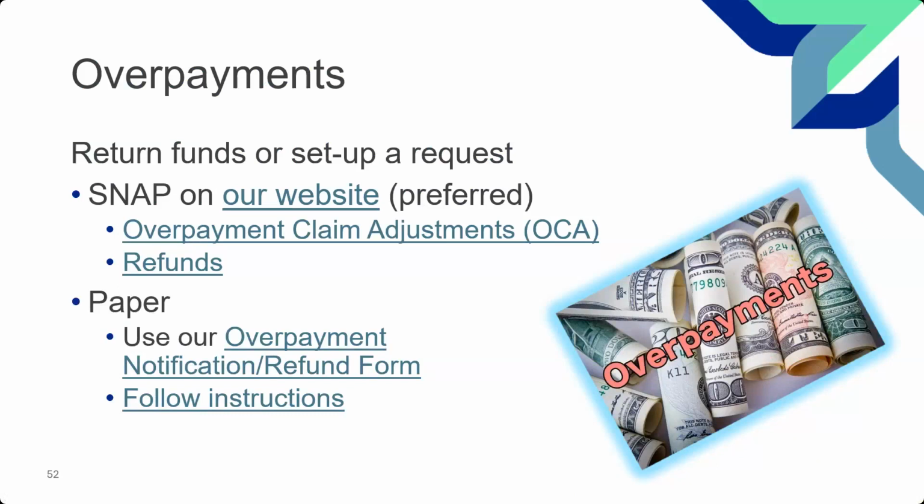When you click on that, it populates the form for you, so it saves you time and reduces errors. But if you want to get the paper form and send it in with a check, I do want to show you really quick because there have been some issues occurring. So we're going to click out here for the paper form.